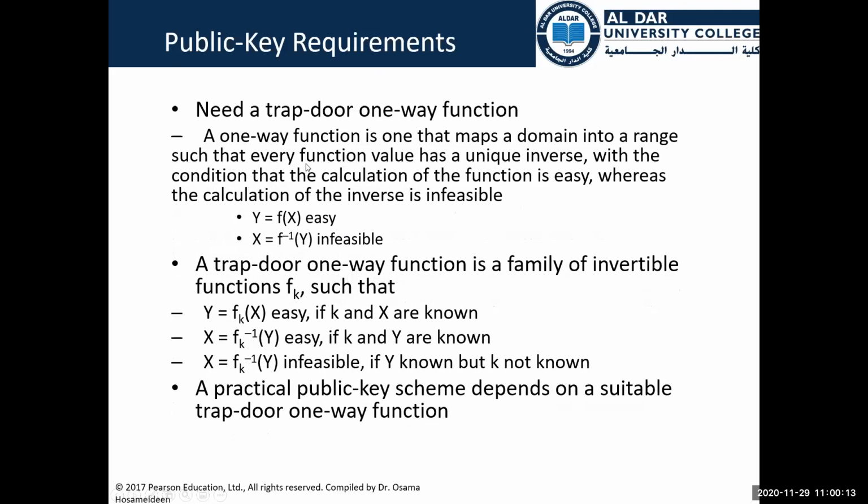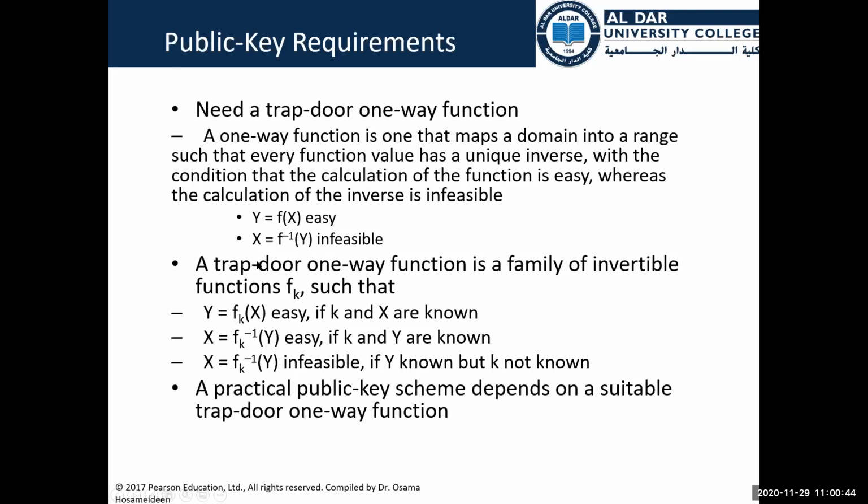A trapdoor one-way function is simply, if you know about functions in the mathematical courses, so we have y equal f of x. This is calculating y using x by applying a function f. This should be easy. But reversing this operation is not easy. Getting x out of y is infeasible.